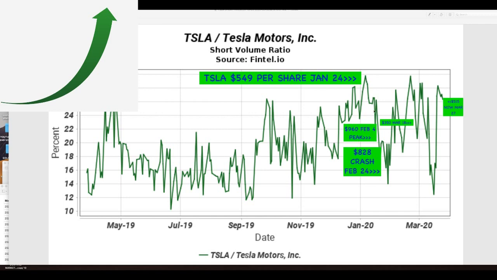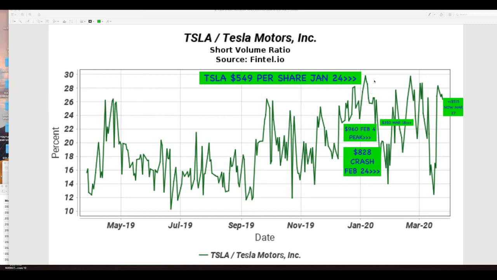The short interest dropped all the way from 30 to around 20 or 21%. So all those shorts got covered. Instead of adding more shorts up there, which to me made more sense, the short interest actually went down because they were all forced to cover their shorts, since they overcommitted shorts at 549. So they got smashed.